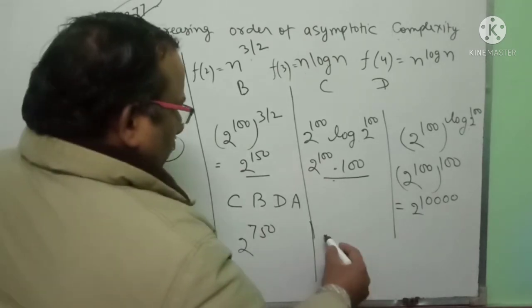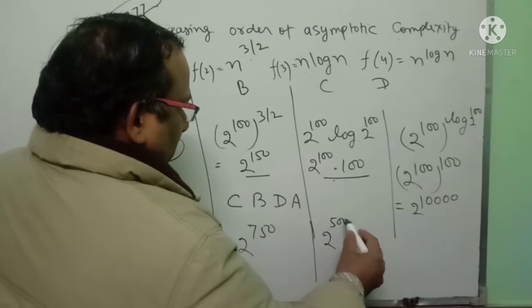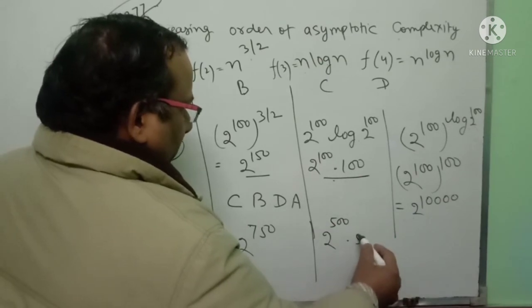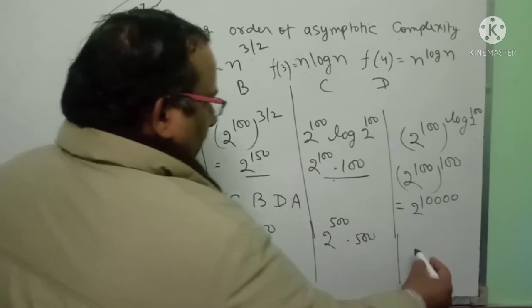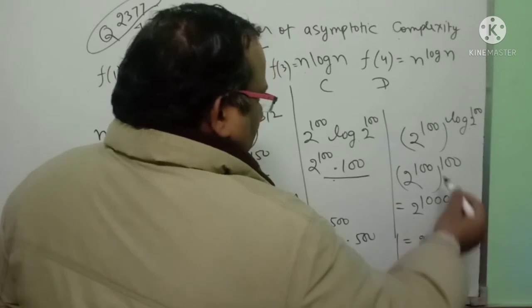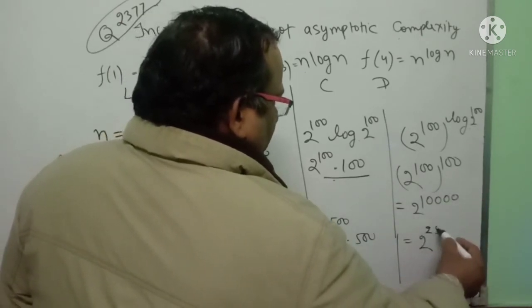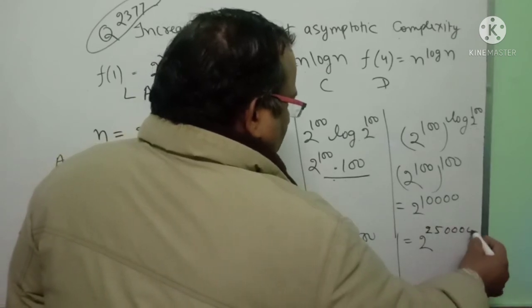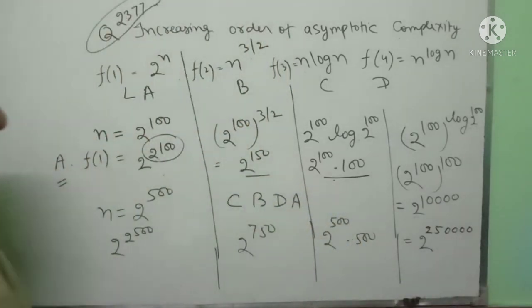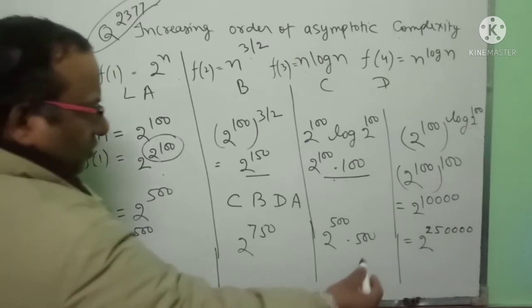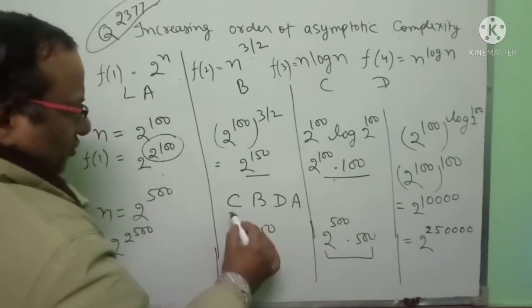C will become 2 raised to the power 500 into 500. D will become 2 raised to the power 500, raised to the power 500, that is 2 raised to the power 250,000.